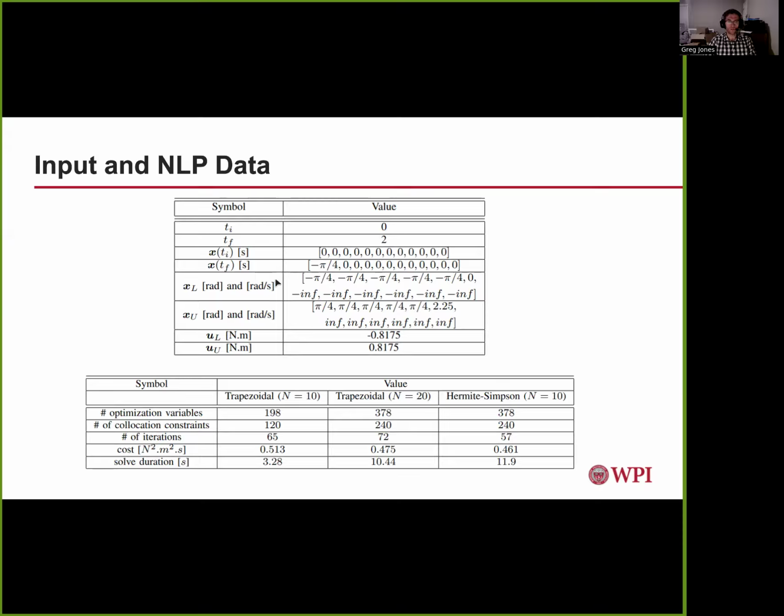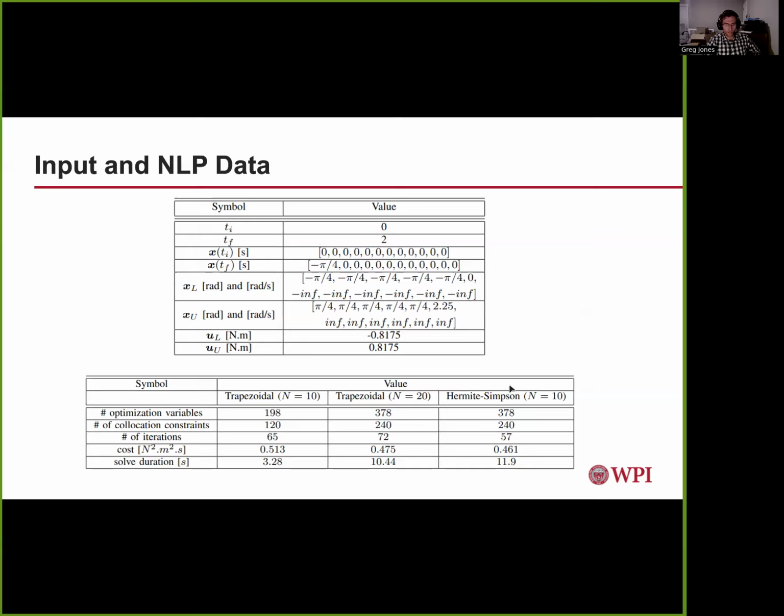Lower and upper bounds were just based on position, mainly positive and negative 45 degrees, except the final joint actually had a lower bound of 0, which was the closed gripper position, and a maximum open position of 2.25 radians. There were also limits on the control, which was approximately 1/3 of the maximum torque of the servos, which you can think of as the rated torque.